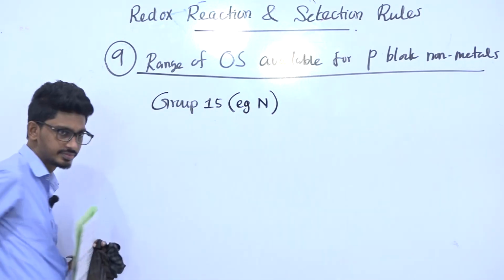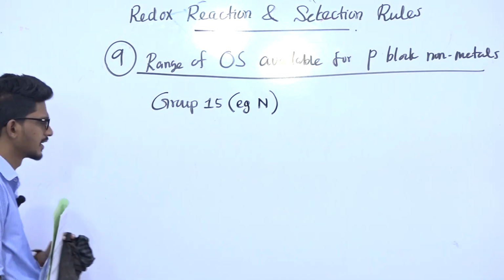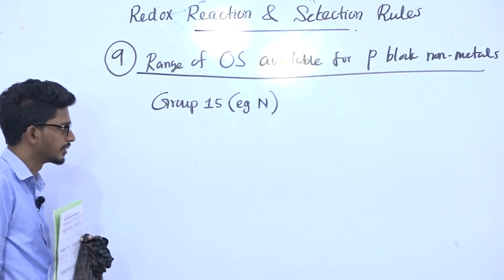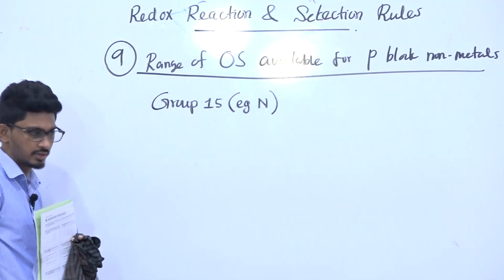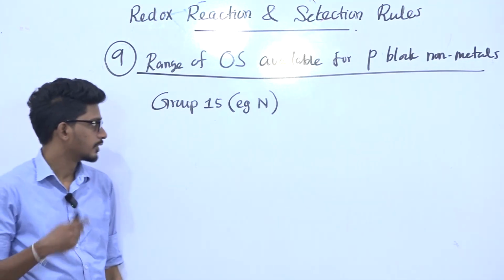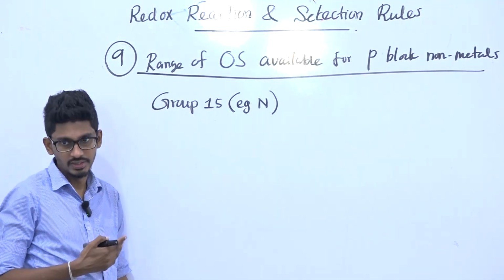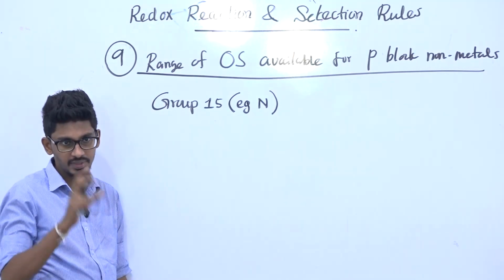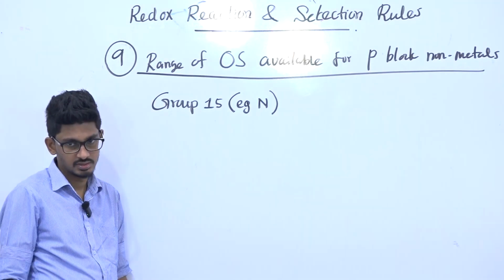What is the highest oxidation state and the lowest oxidation state possible? You should be able to come up with those numbers. Actually, those are the two numbers of electrons involved in completing your valence shell, your outermost shell.